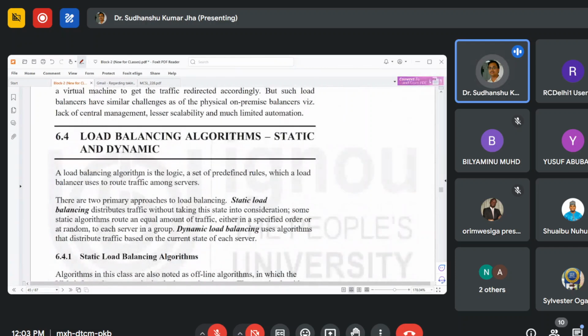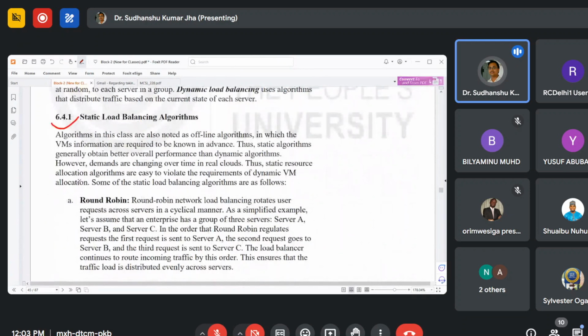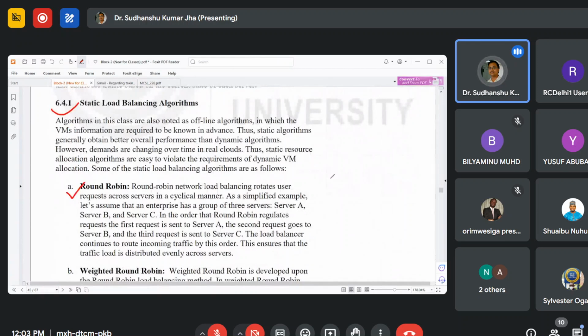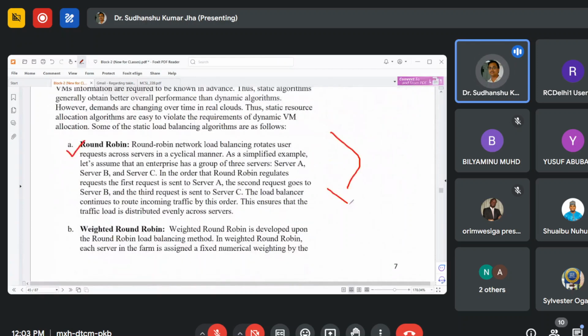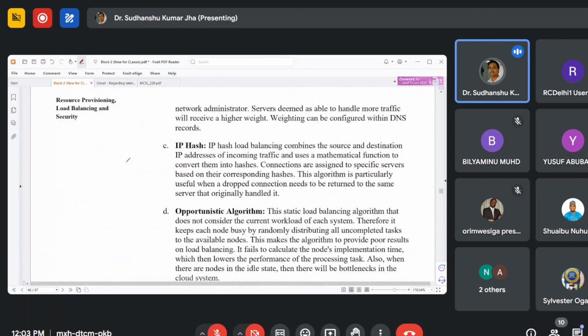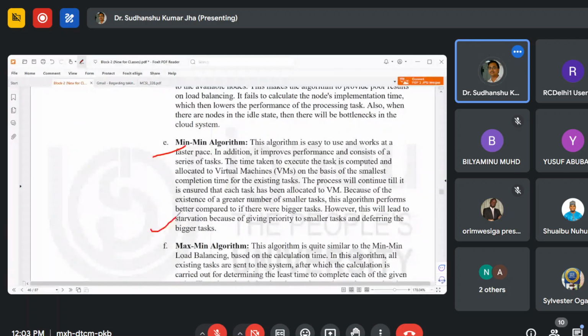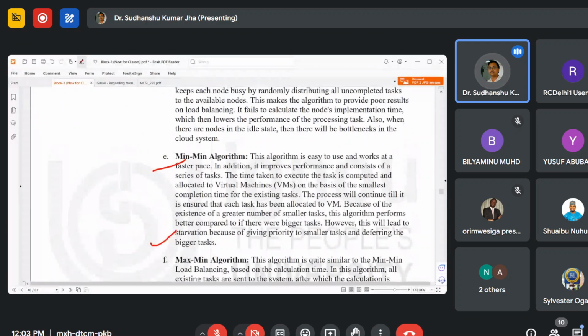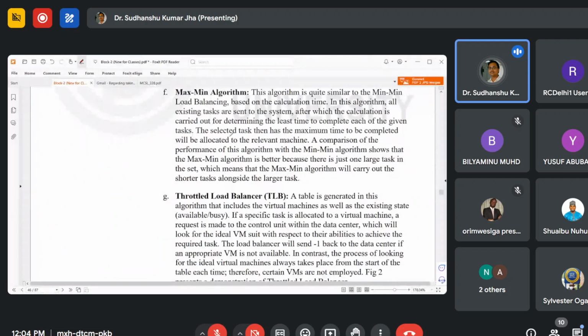Now the load balancing algorithms. We have static load balancing algorithms, like round robin, fixed load balancing based on fixed terms like weighted round robin, based on IP addresses, and opportunistic algorithms, min algorithms, max-min algorithms, etc. If you have some idea about the min or max-min algorithm from the artificial intelligence paper, you can easily correlate here.